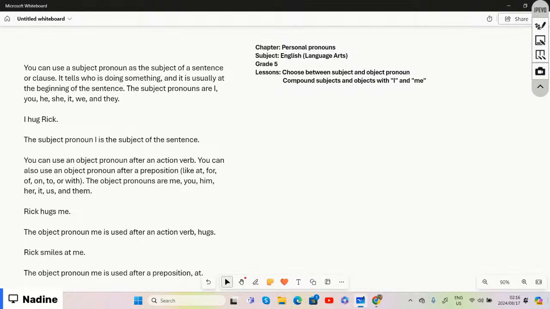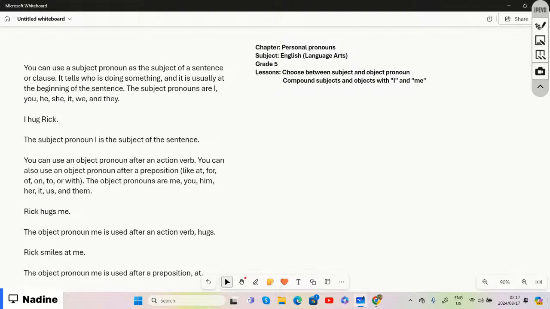It tells you who is doing something, and it's usually at the beginning of the sentence. It is pronouns such as I, you, she, it, we, and they. Or we have an object pronoun. You can use an object pronoun after an action verb, or after a preposition like at, for, of, on, to, or them. Those are object pronouns.